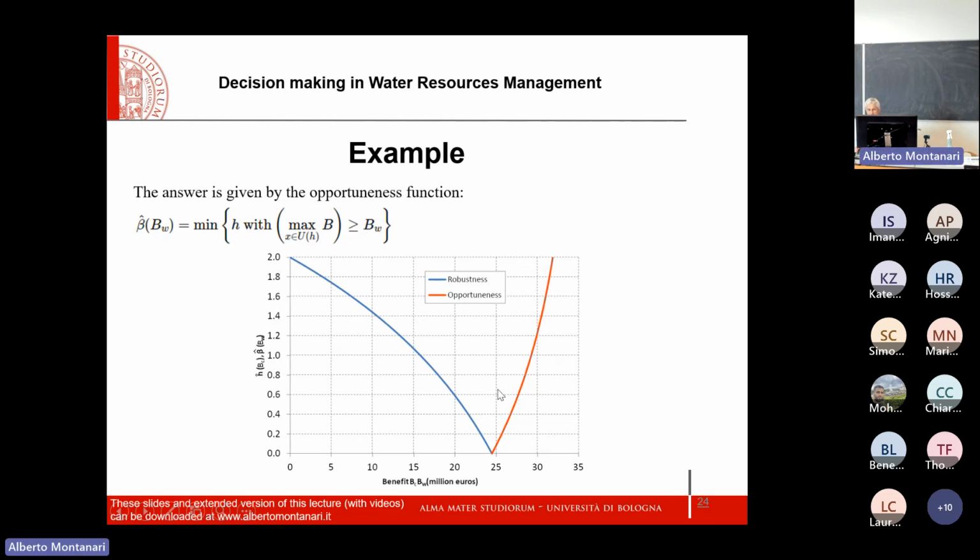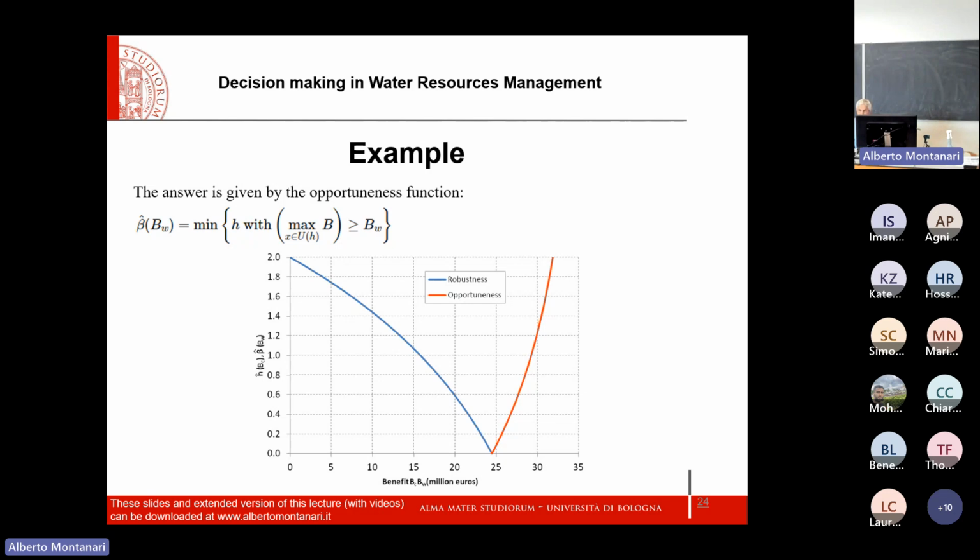And in fact, you see the red curve goes in the domain of the larger benefits, larger than B tilde. B tilde is 24. Here I'm exploring the domain of the larger benefits, and the opportuneness function tells me the minimum uncertainty, the minimum beta tilde. Look at the vertical axis.